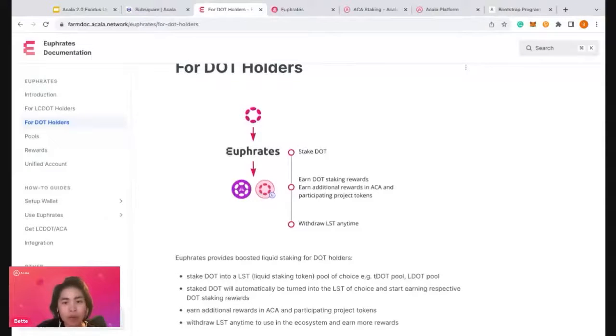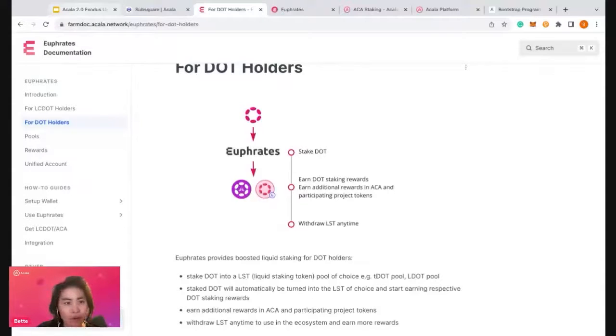And of course, LDOT has a very long running history already, ever since we launched, which is 2 years ago, right? I think the 24th of October marks the 2-year anniversary in blockchain terms.